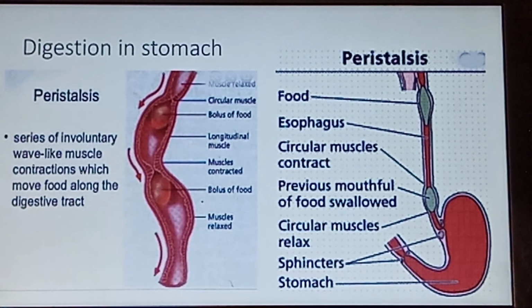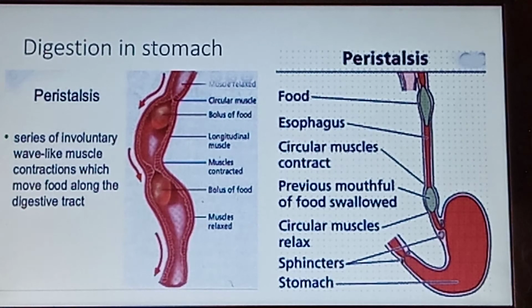Hydrochloric acid is represented by HCl. The mucus protects the inner lining of the stomach. The acid kills bacteria that enter along with the food and also helps in the digestion of proteins.